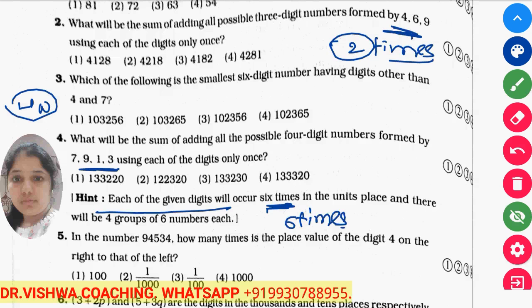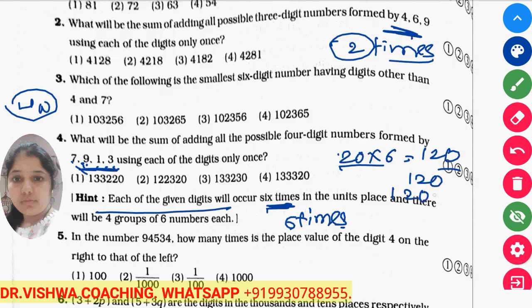Okay. So add them. 7 plus 9, 16, 16 plus 1, 17 and 3, 20, 26. How much does it become? 120. Okay. Because each digit is repeated how many times? 6 times. Now a 4-digit number is there. So 120 for unit place.